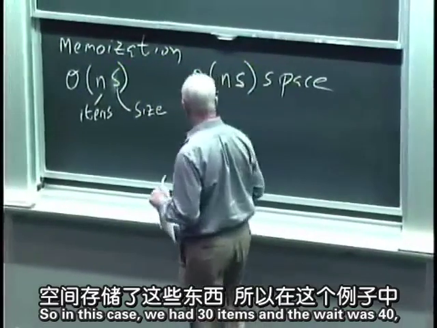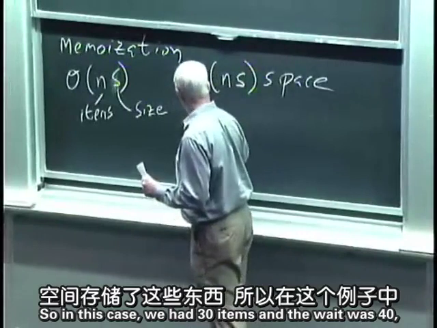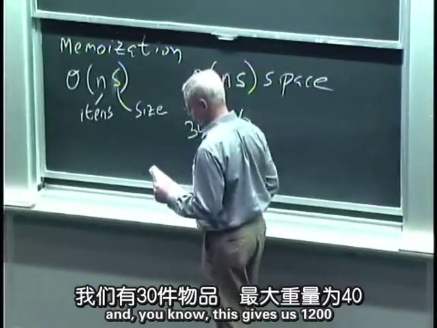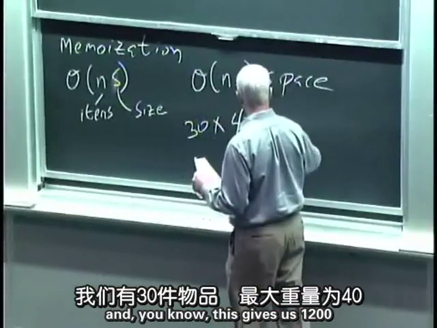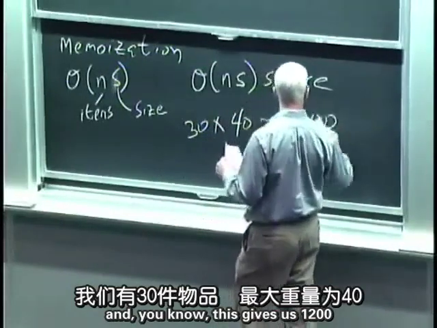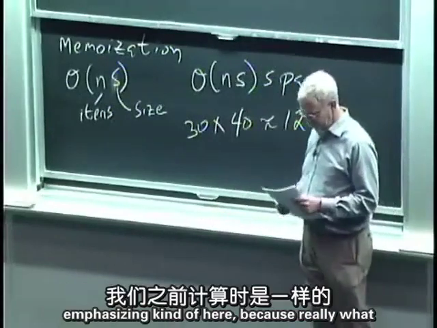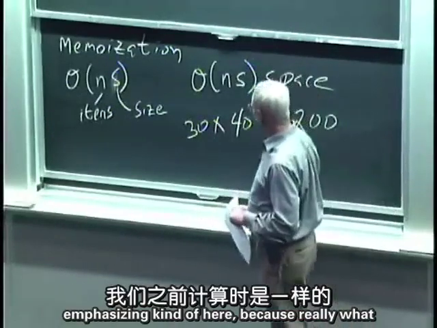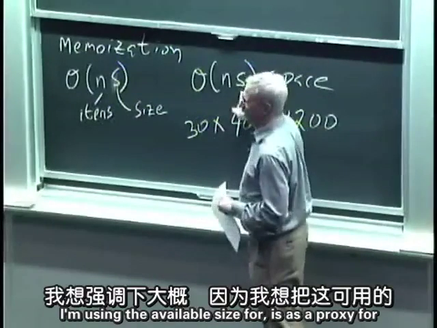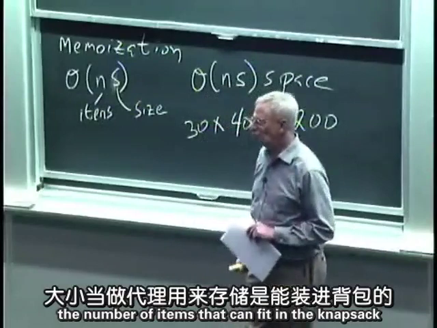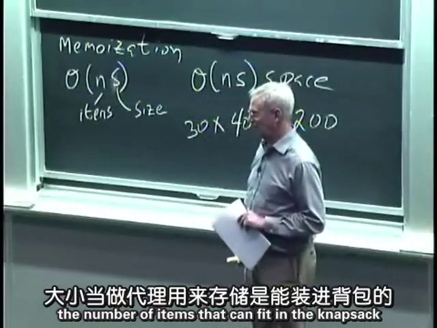So in this case, we had 30 items, and the weight was 40. And this gives us 1,200, which is kind of where we were. And I'm really emphasizing "kind of" here, because what I'm using the available size for is as a proxy for the number of items that can fit in the knapsack.